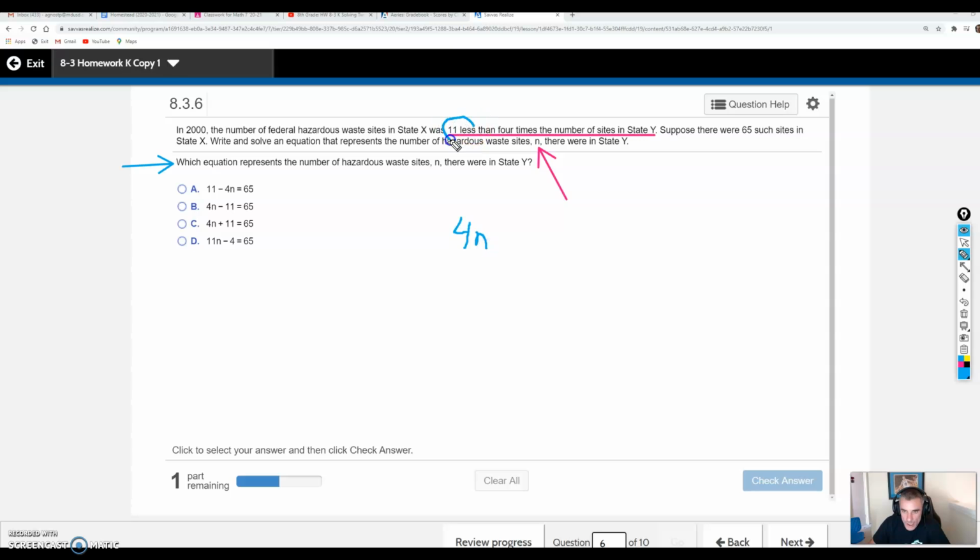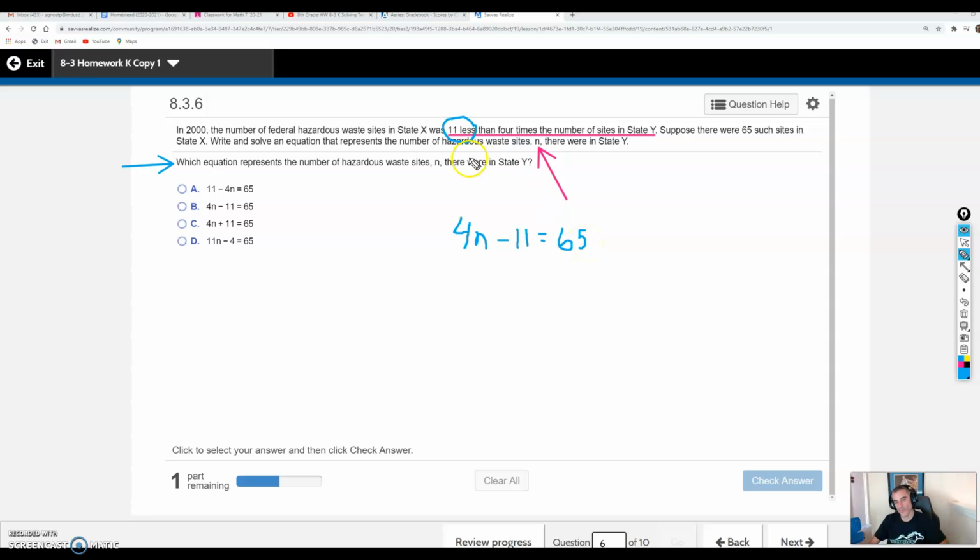And then we want 11 less than that. And it says there were 65 such sites in state X, which means that if I take the number of sites in state Y, multiply it by 4, subtract 11, then that's going to equal 65, which is the number of sites in state X.